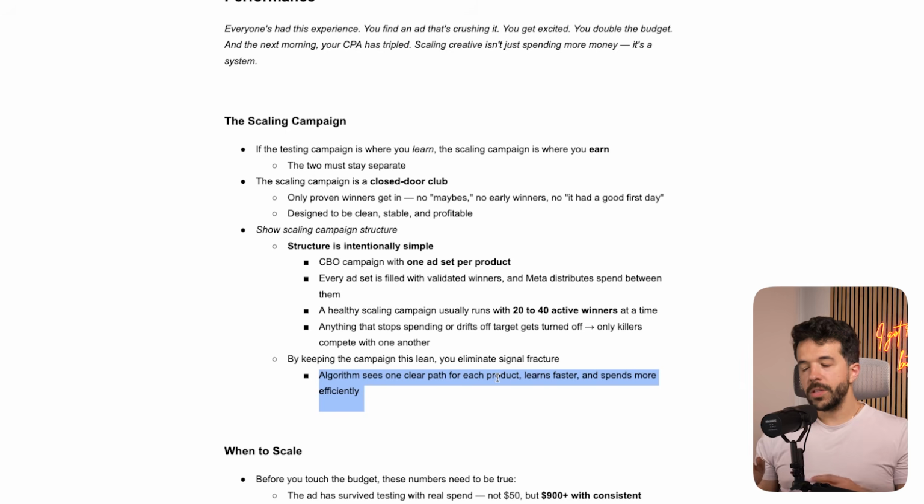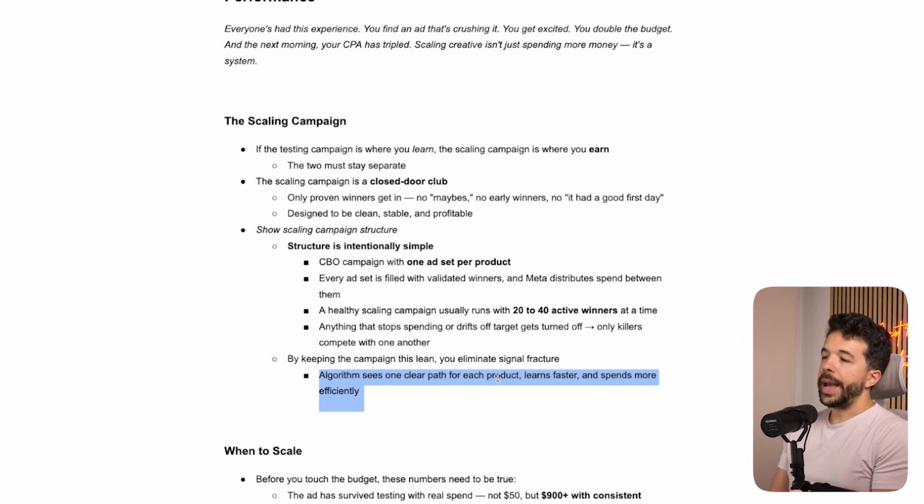Now, the difference between the ABO and the CBO is that the ABO tends to perform well with low budgets, whereas the CBO tends to perform better with higher budgets, and it gets less stable with smaller budgets. Many people told me that they never managed to make the CBO work.